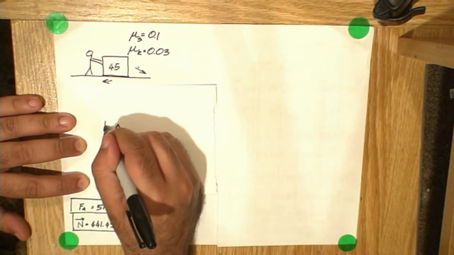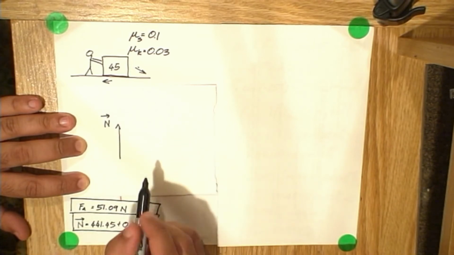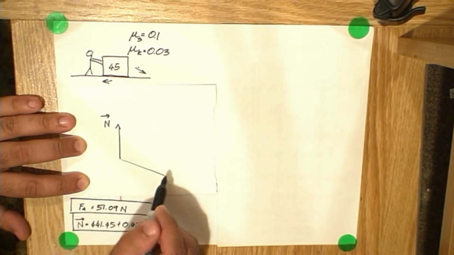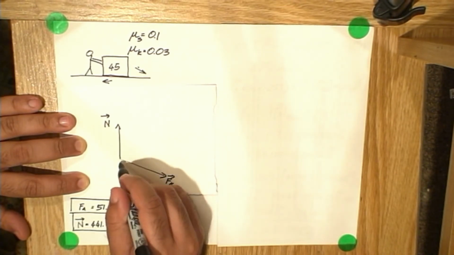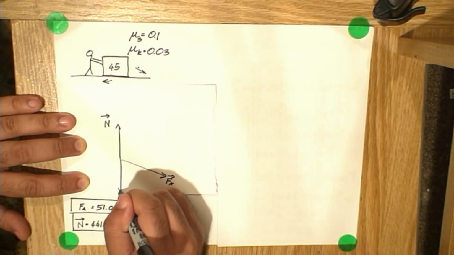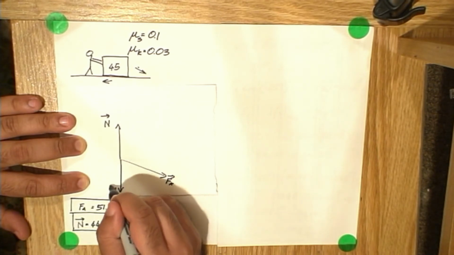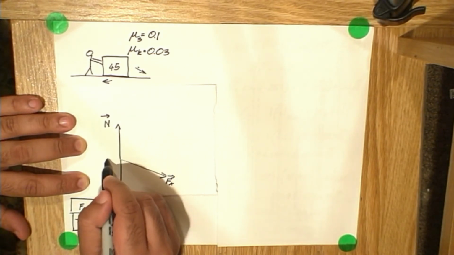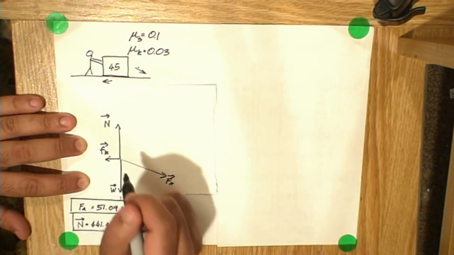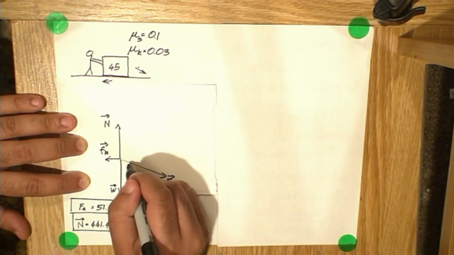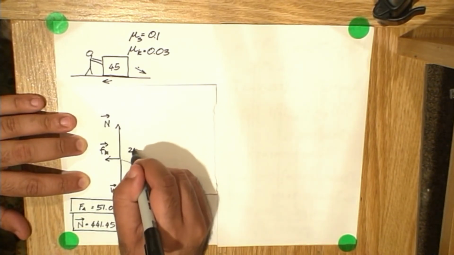The normal force would stay exactly the same. The applied force would stay exactly the same. The weight force would stay exactly the same. But this time, the friction force would be very different, because now we have kinetic friction, not static friction.